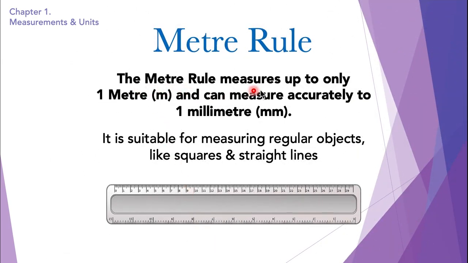So the Metre Rule measures up to only 1 meter and can measure accurately up to 1 millimeter. So the smallest value it can measure accurately is 1 millimeter and the largest is 1 meter. So the Metre Rule is suitable for measuring regular objects like squares and straight lines because Metre Rule is not bendable and it's not flexible.